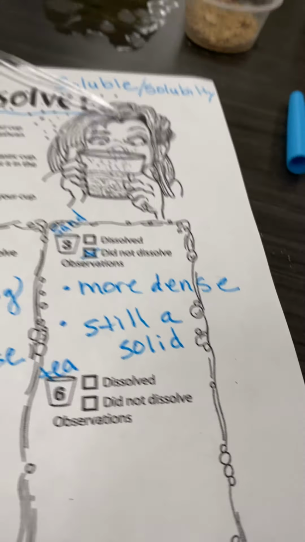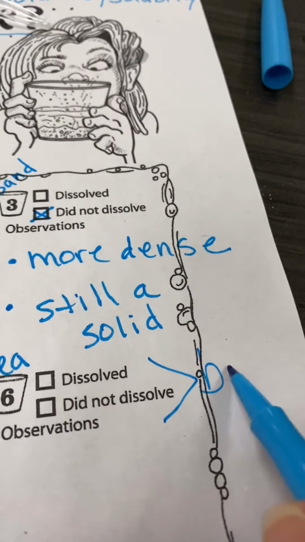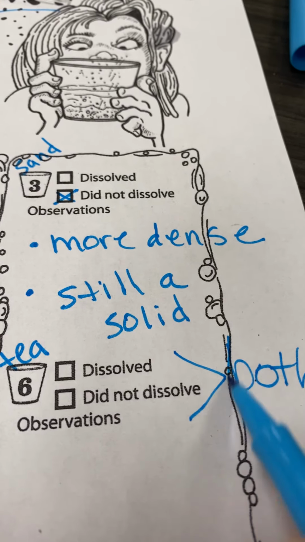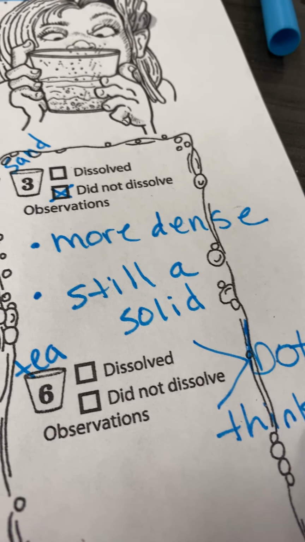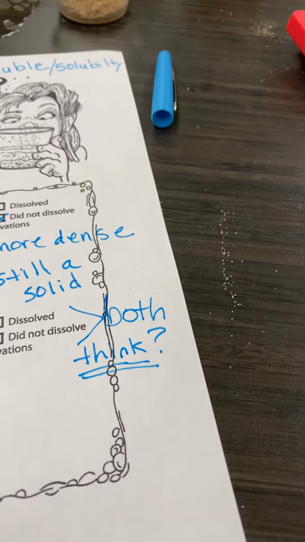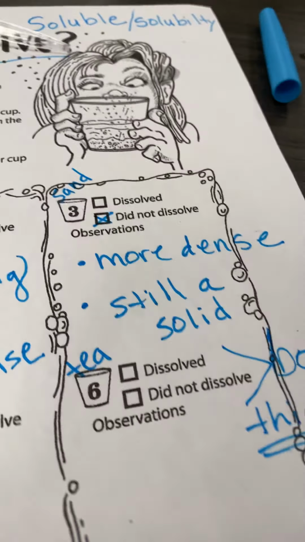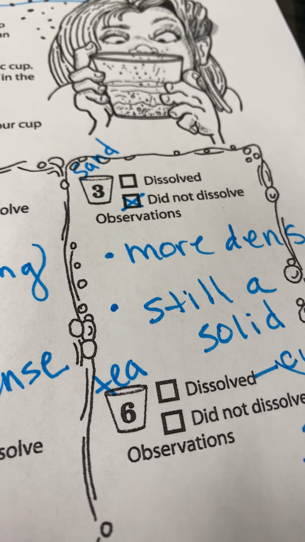So for tea, I'm going to put both, all right? Both. And I want you to put think, okay? This means that you're going to have to think about whether they are asking you about what is just in the cup after it's made.